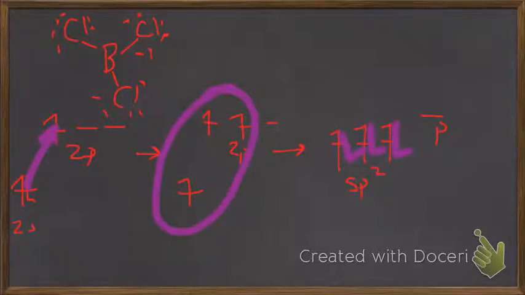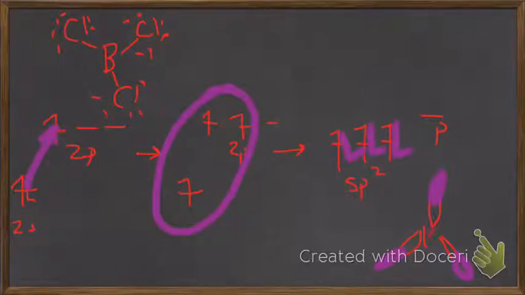And so what we would now have is the trigonal planar shape, because you've got the chlorines bonding, sharing some of the overlap with the boron.